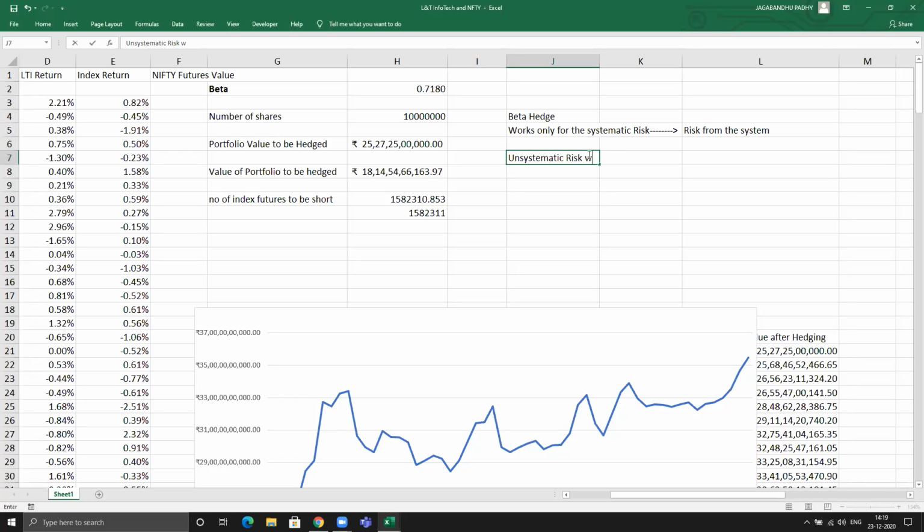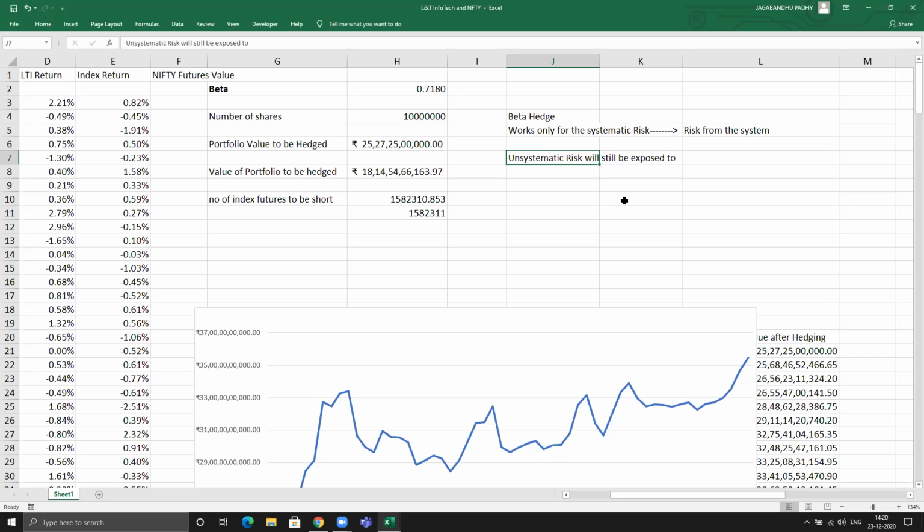Unsystematic risk will still be exposed. We need to understand that beta hedging will work only for the systematic portion of the risk and not for the total risk. The unsystematic risk in the particular stock is still going to be exposed.